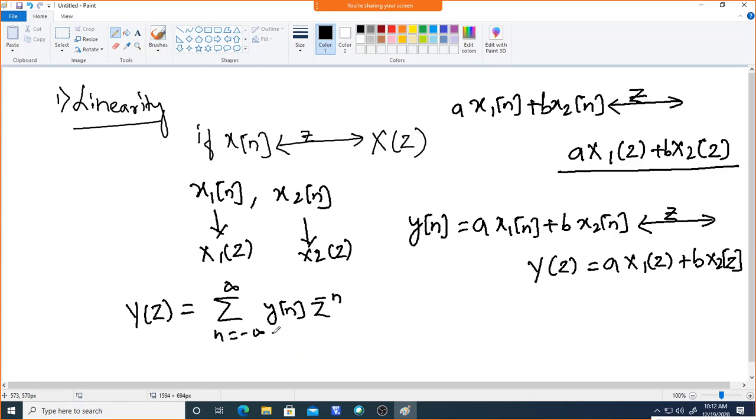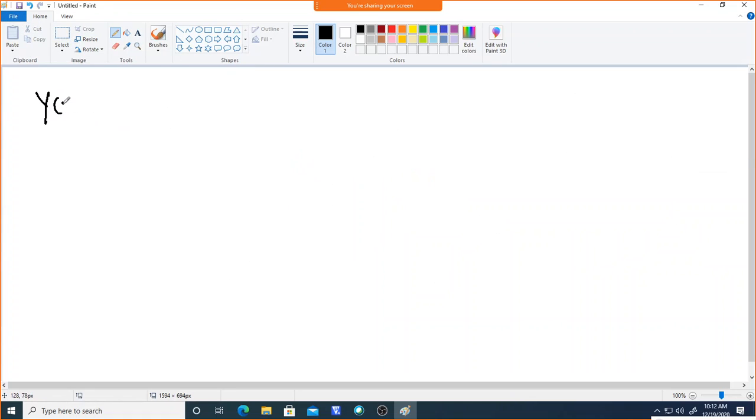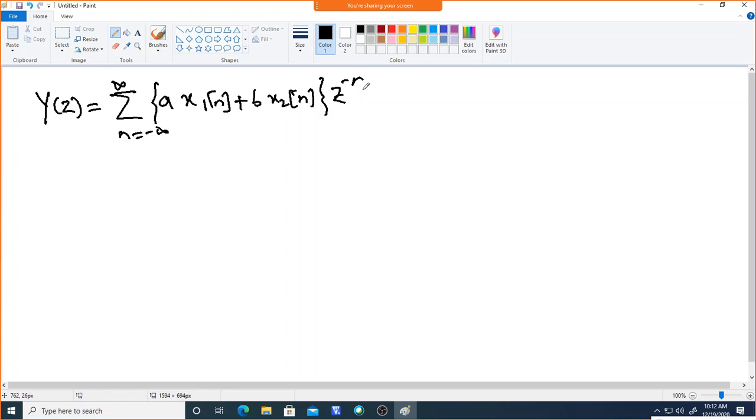Now we know y of n in terms of the discrete time domain signals, so you substitute that and we will get y of z, which is nothing but the summation n equal to minus infinity to plus infinity of a into x1 of n plus b into x2 of n, multiplied by z power minus n.